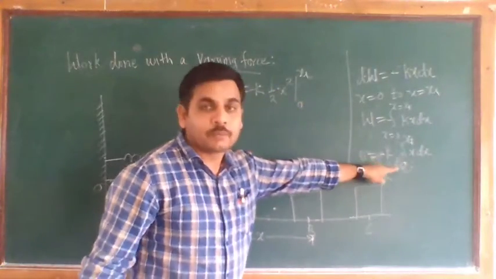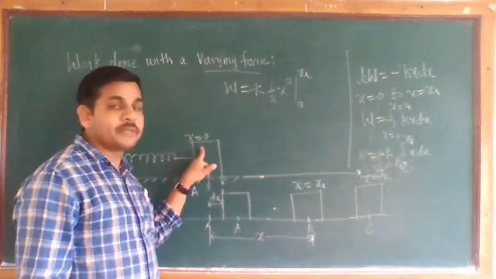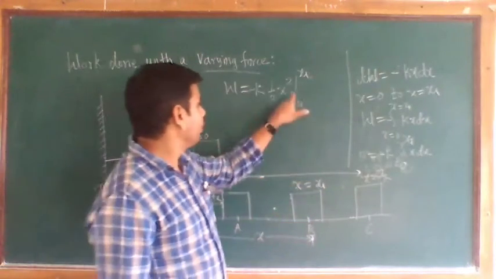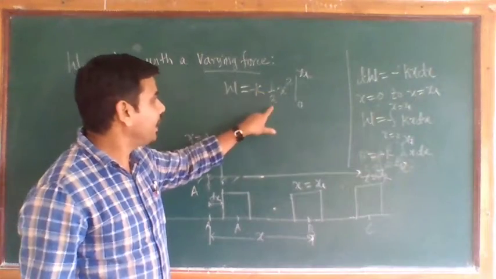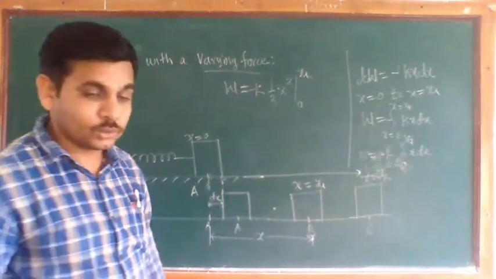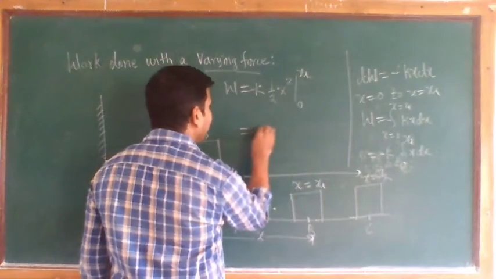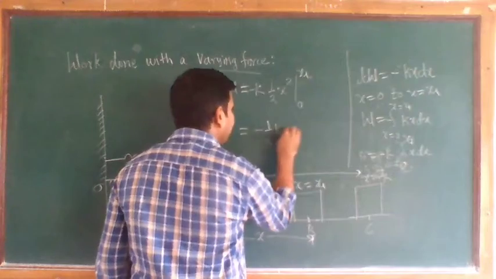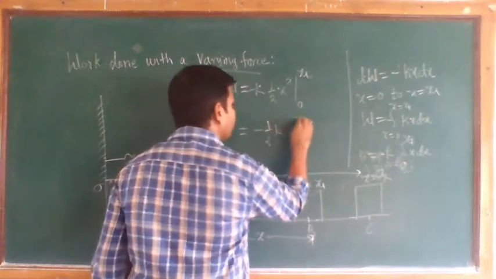With the negative sign, this is minus k times 1/2 x square, from 0 to x1. Your limit is from x is equal to 0 to x is equal to x1. So you get minus k by 2 x square from 0 to x1, or finally you get minus 1/2 k x1 square.